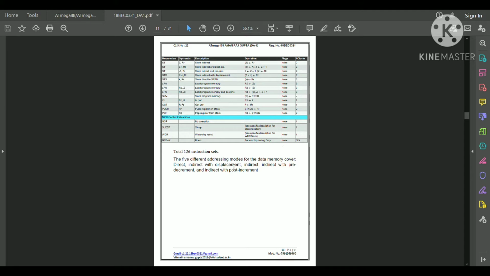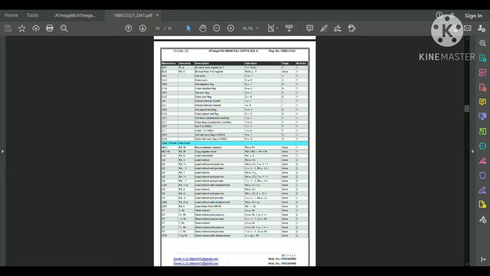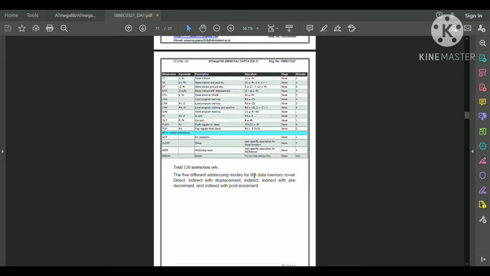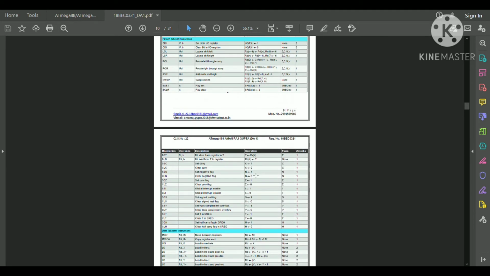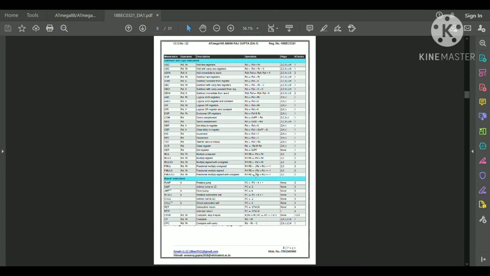The five different addressing modes for this are direct, indirect, displacement, indirect with pre-decrement, and indirect with post-increment. There are 126 instructions in total, and 28 logical units have been used in this.